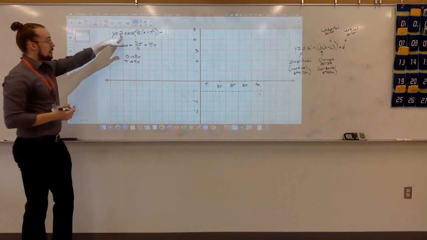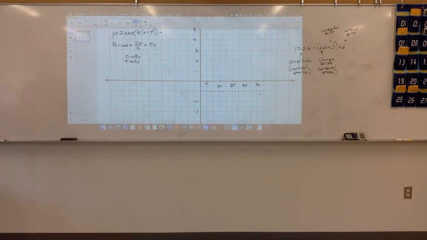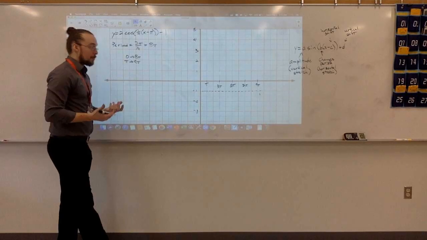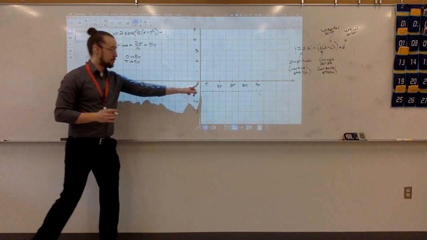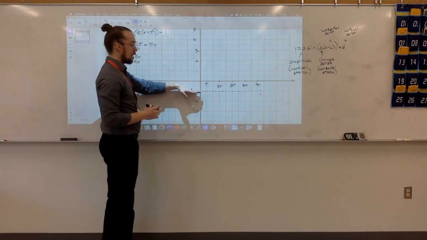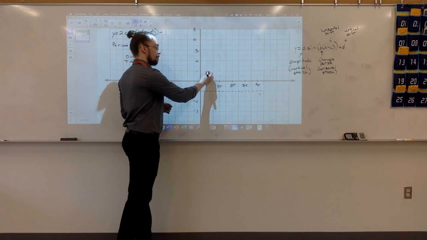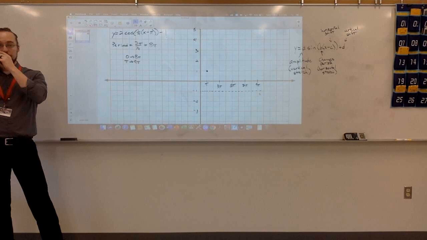Then the amplitude tells me I'm going to be going up to and down to from that midline. This is the cosine curve. So I'm going to be starting at the maximum value. My starting point is pi. If I'm going up 2 from -1, yeah, y value of +1. That's where my first point will be.